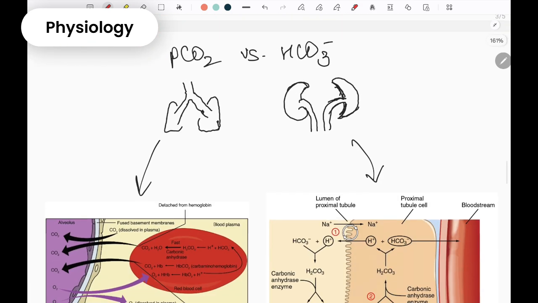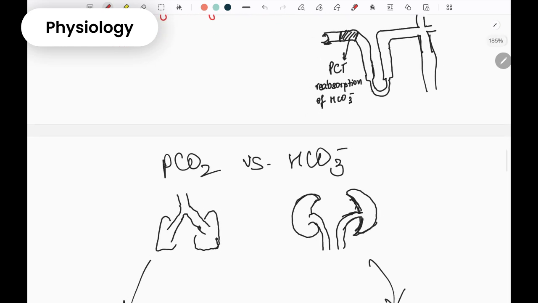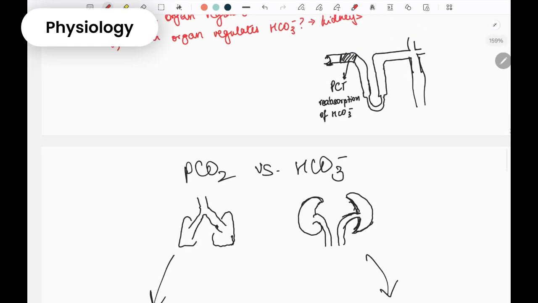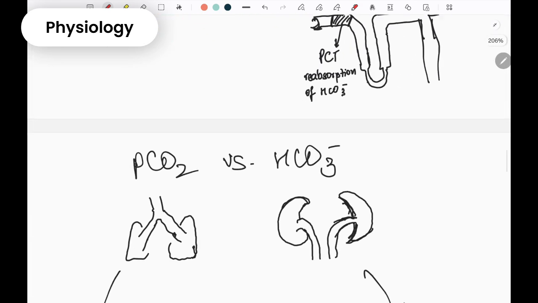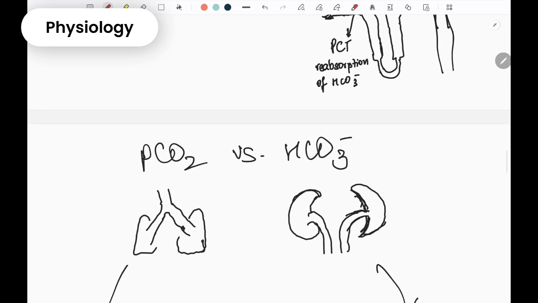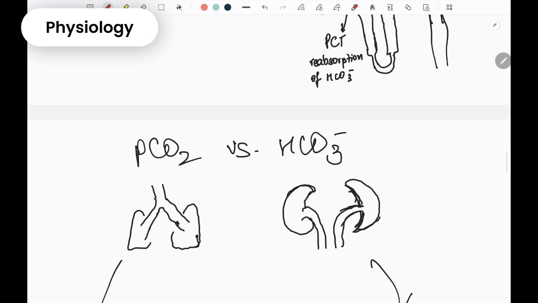Now, excuse the poor drawings, but one has got the lungs involved and one's got the kidneys involved, and the kidneys affect the body's metabolism overall. Now, why are these two so intimately connected to one another? How is it that the level of PCO2 affects pH and the level of HCO3 can affect pH?